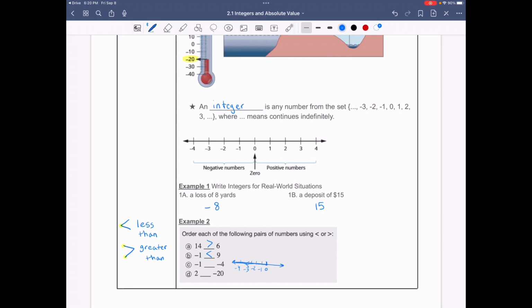Negative 4 is less than negative 1. And so negative 1 is greater than negative 4. You can think of it like this. Would you rather owe somebody $1 or would you rather owe somebody $4? So $4 is more negative, so it's a lesser number than negative 1. Okay, so less and greater. Negative 1 is greater and negative 4 is lesser.